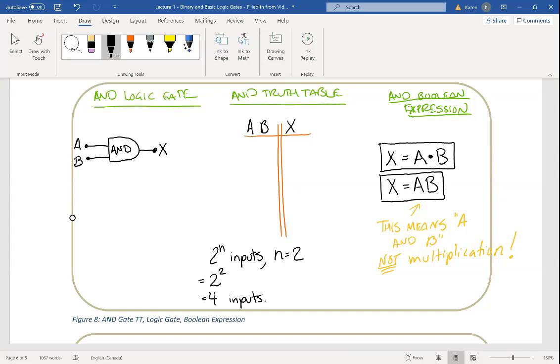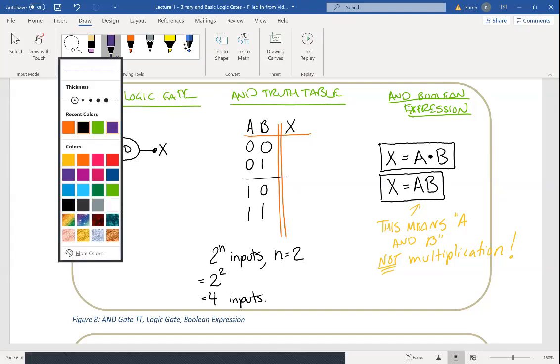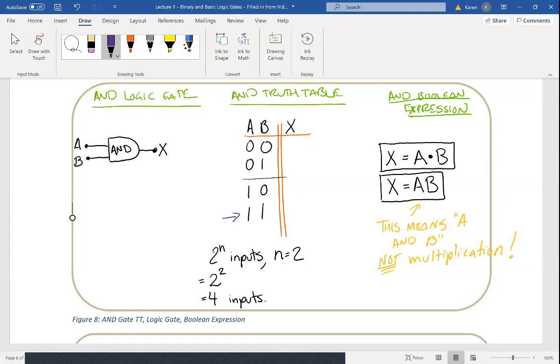If there are 4 combinations, I cut it in half, and half of them are zeros, half of them are ones: 0, 1, 0, 1. So those are my possible combinations of inputs. Now the output is only going to be high or true if all inputs are high.